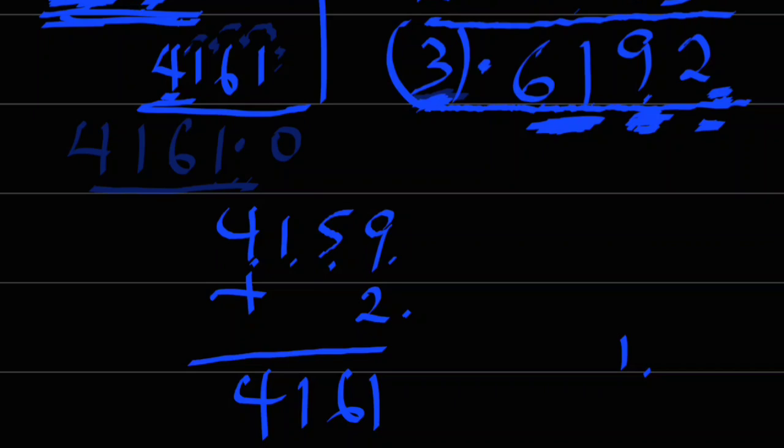So if you have 3, you move the decimal 3 times. That will be 1, 2, 3. Then the decimal will be here. So our answer will be 4161.0, or 4161, which is the same thing.